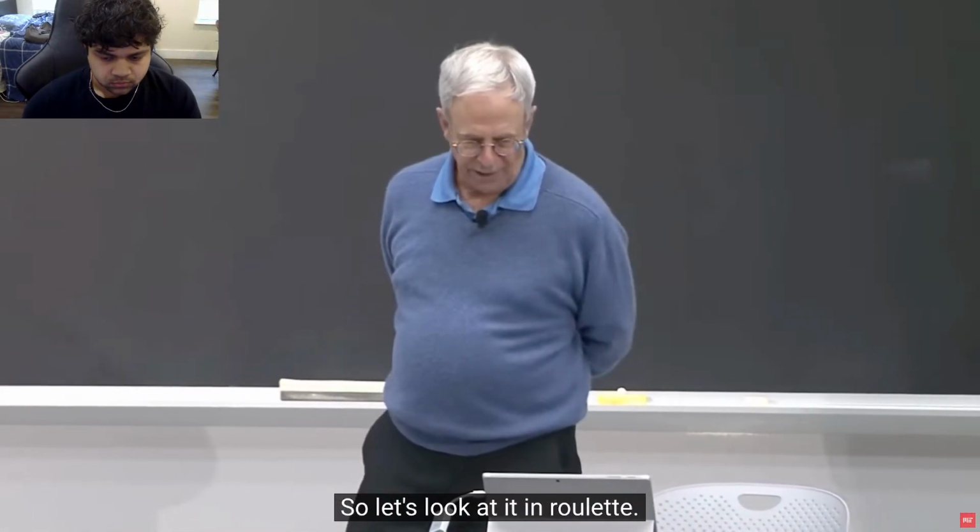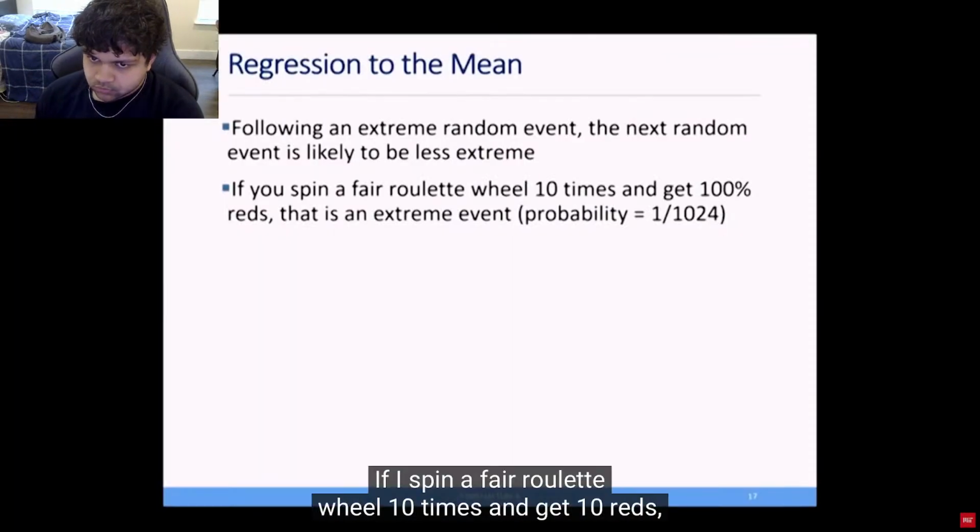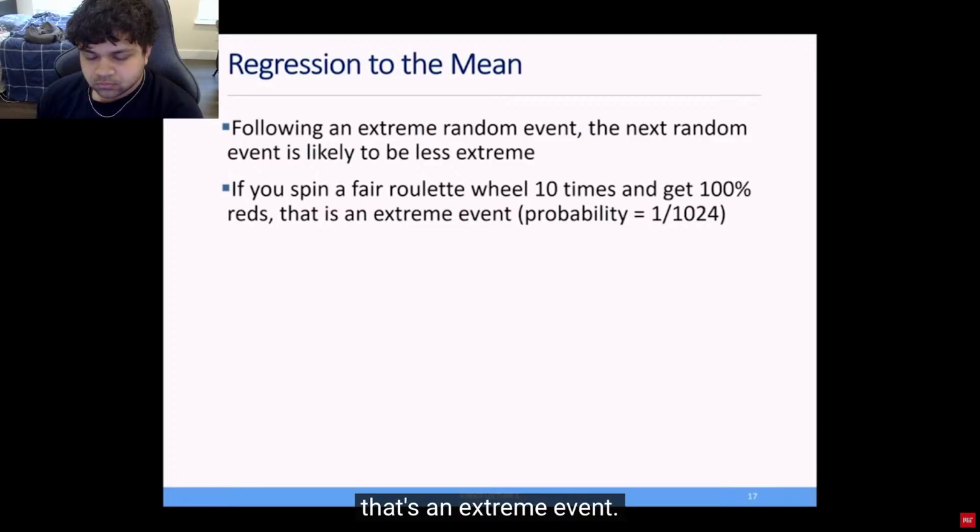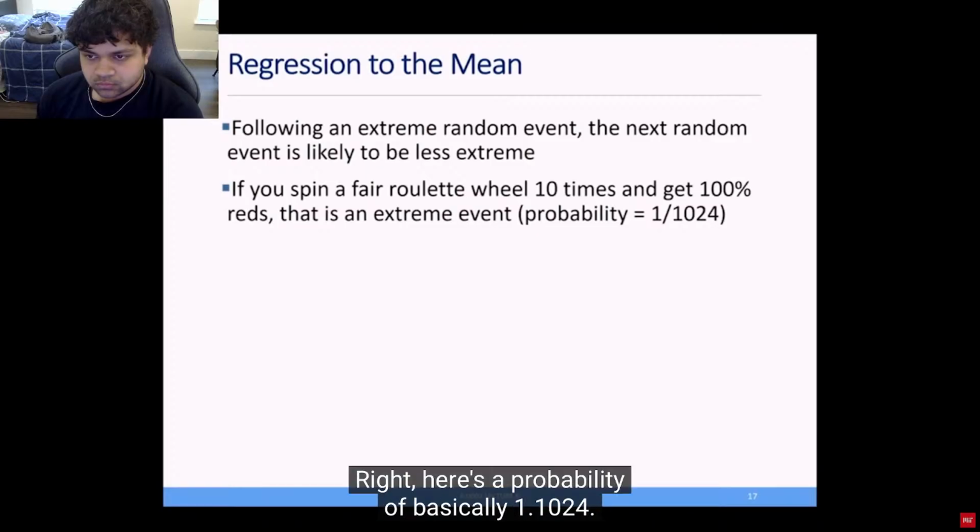So let's look at it in roulette. If I spin a fair roulette wheel 10 times and get 10 reds, that's an extreme event, right? There's a probability of basically 1 over 1024.